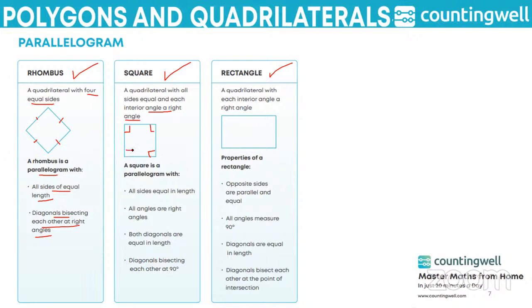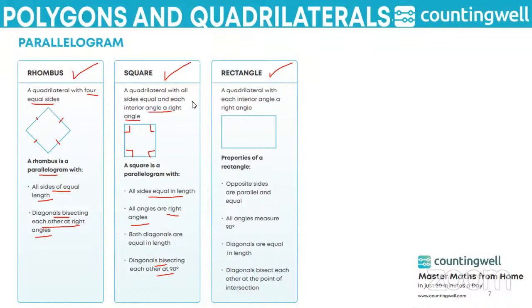That was not compulsory in case of rhombus. So a square is a parallelogram with all sides equal in length, all angles with measure 90 degree, and the diagonals should be equal in length. Also, diagonals should bisect each other at 90 degree.